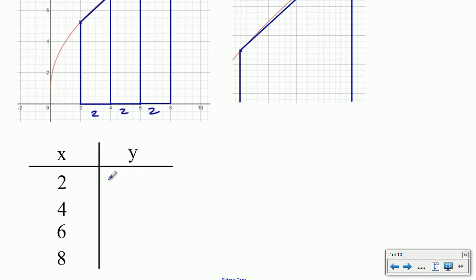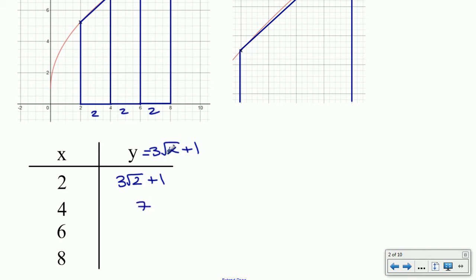So each corresponding value of y is going to be determined using our function, 3 root x plus 1. So I'm going to sub in 2 for x here, so that'll give me 3 root 2 plus 1. Next I'm going to sub in 4, so it'll be 3 root 4 plus 1. 3 root 4 will be 6 plus 1, giving me 7.